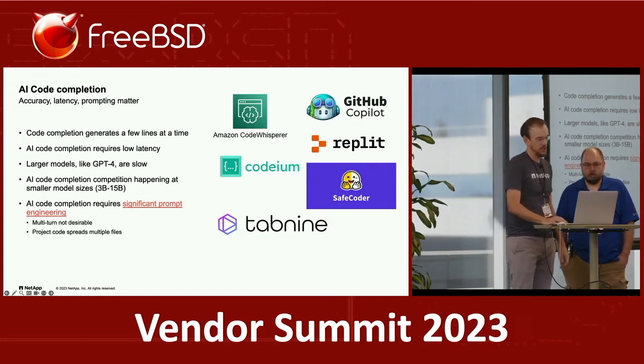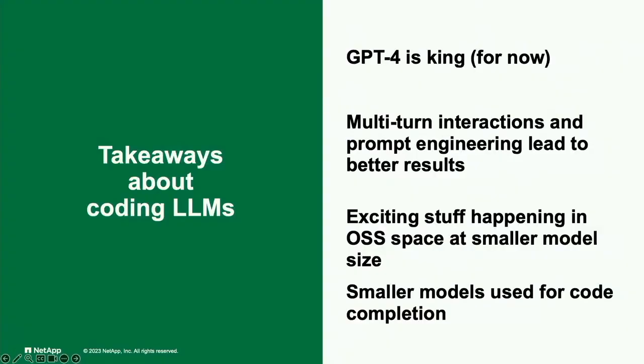OK. So in summary, in terms of capabilities, GPT-4 is king for now, right? So if you're watching this on YouTube, this may not be the case anymore. But today, in November 2023, that's the case, right? Another takeaway is, again, multi-turn interactions and prompt engineering lead to better results, right? If you don't get what you want the first time, maybe you forgot to include some critical information.